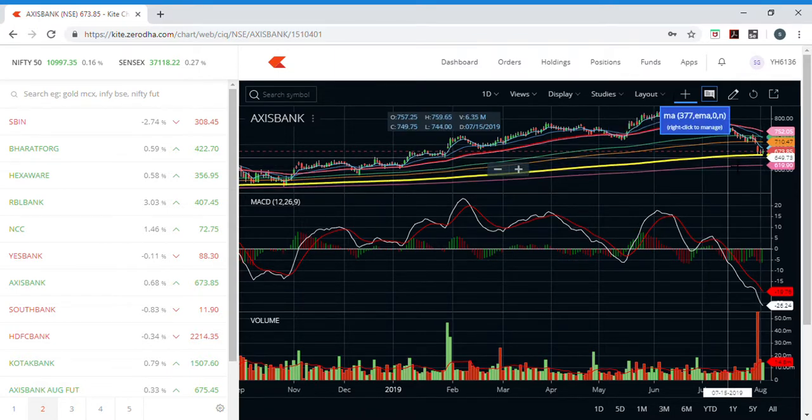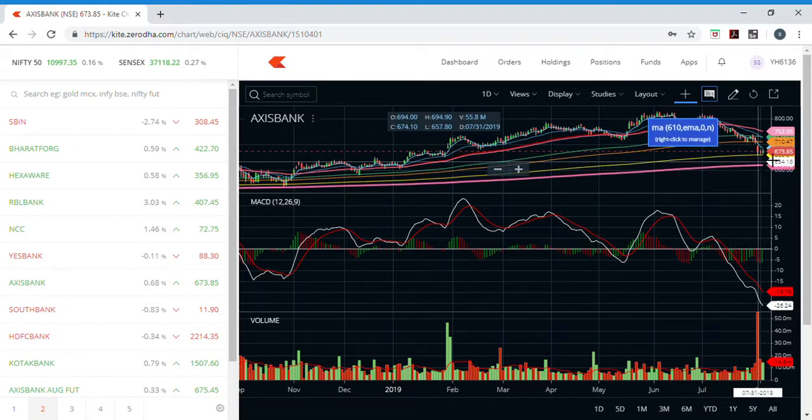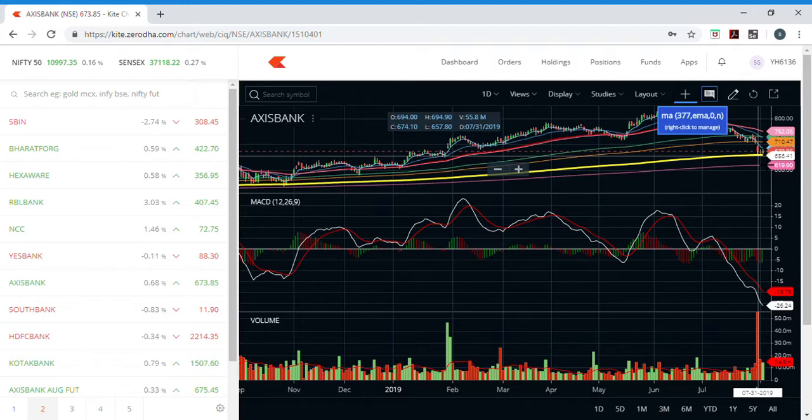It didn't move beyond that, and until it breaks this support, there is always a trade. Whenever it touches 662, there is always a trade. Buy it, keep a stop loss of 5 rupees, and then trade it. Definitely you will earn, or otherwise your stop loss will hit.